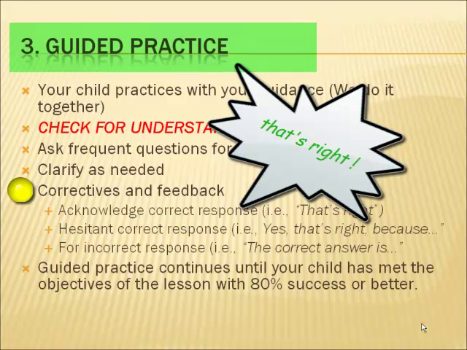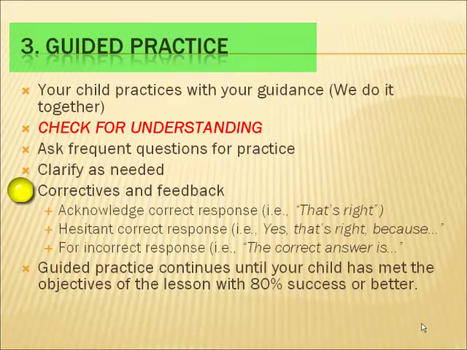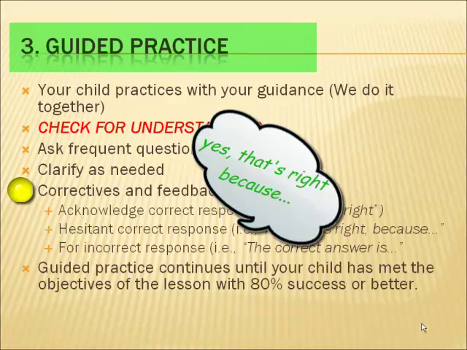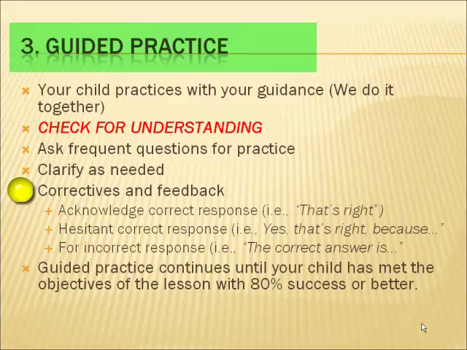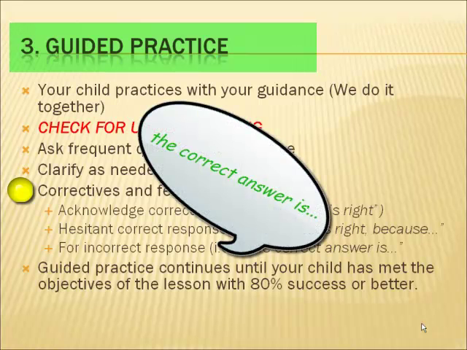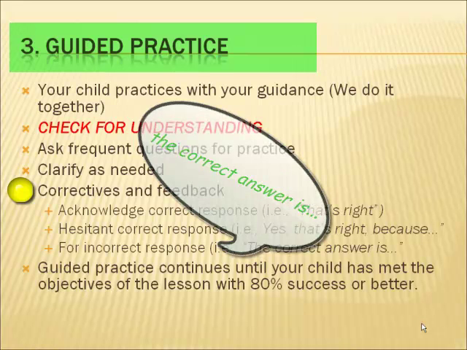And if there's a hesitant response, but it is correct, we want to say something like, yes, that's right, because, and then explain why they got it right. And then if there's an incorrect response, we simply say the correct answer is whatever it is, and then move on quickly. We don't say, no, that's not right. Nothing like that. We want to keep it very positive. The correct answer is, and then give them the correct answer, move right on.